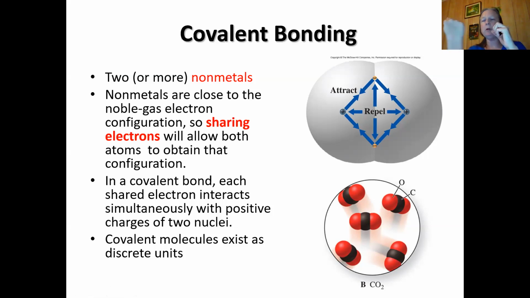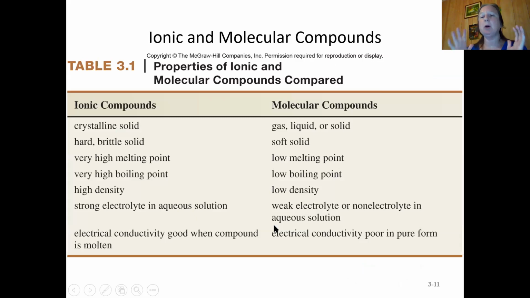But if they get too close, there's a repulsion of the other electrons in the element. So you have that perfect balance between attraction and repulsion, the proton-electron attraction and electron-electron repulsion. And that's what determines the bond length. The bond lengths tend to be pretty specific, and we can look them up in tables and get their numbers. We have reasons to want to do that, but not this semester.